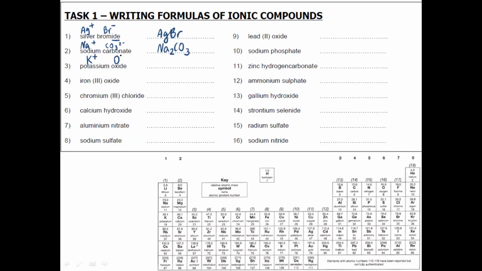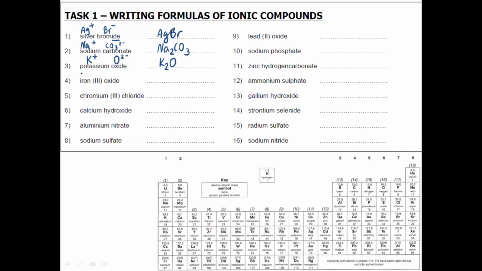Oxygen is group 6, so we'll gain 2 electrons, so 2 minus. And again, like in the previous one, if I just put KO, then I will not have cancelled the 2 minuses. I need 2 pluses to cancel the 2 minuses. So to make 2 pluses, I need to put 2 after the K, and the 2 after K means 2 Ks.